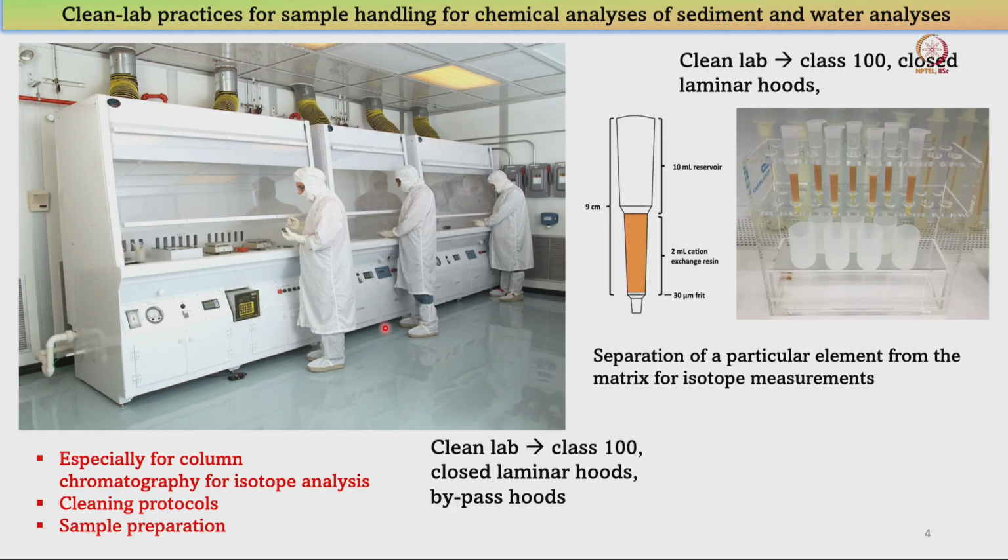Similarly, this room is also kept at a high pressure. If you have a door here, the air will always flow outside and the outside air will never come inside. So, pressures are actually maintained, and you will be able to see gauges and certain other things to monitor those pressures.